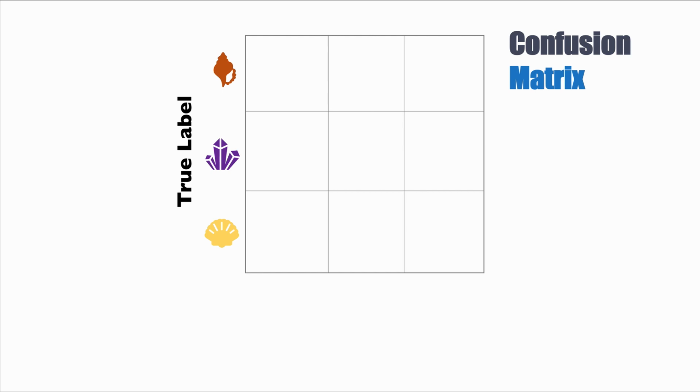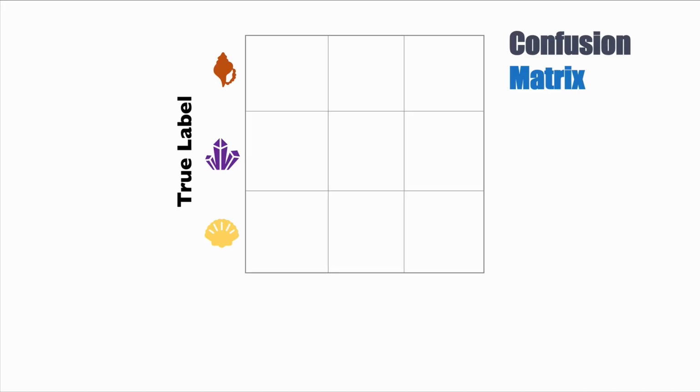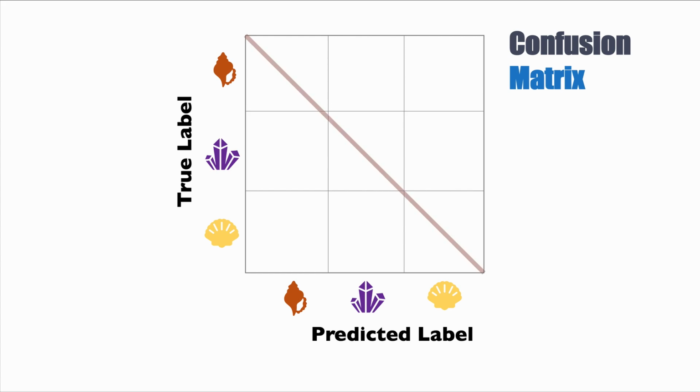So that's what the samples actually are. Remember, this is for supervised learning, so we know what the labels are. And on the other side of the matrix, we put the prediction. So those are the predicted labels. Now, this diagonal here is where the true labels and the predictions match. So in other words, when we have a true positive.